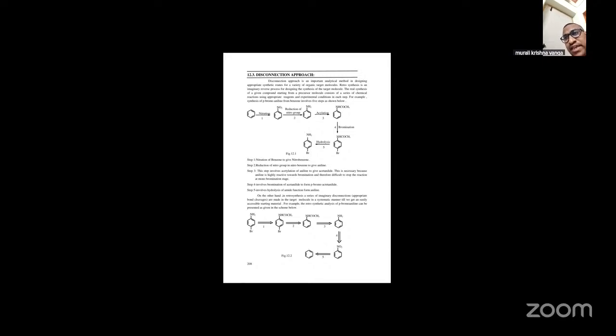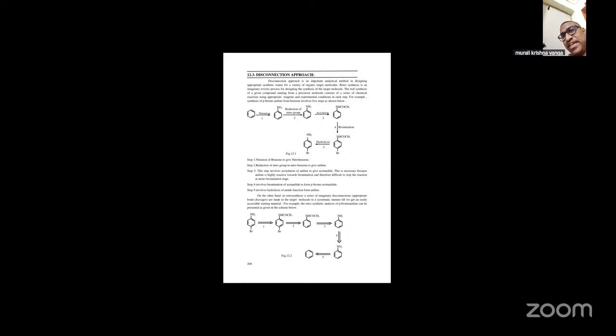Retrosynthesis is an imaginary reverse process for designing the synthesis of the target molecule. The real synthesis of a given compound starts from a precursor molecule consisting of a series of chemical reactions using appropriate reagents and experimental conditions in each step.